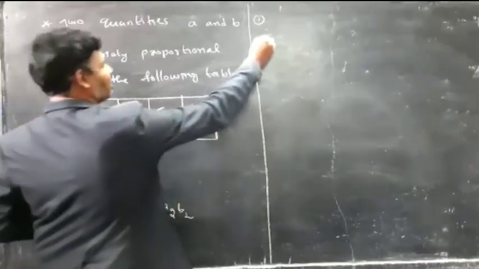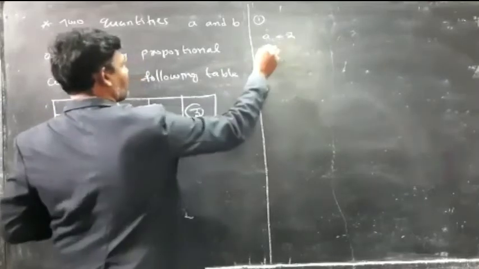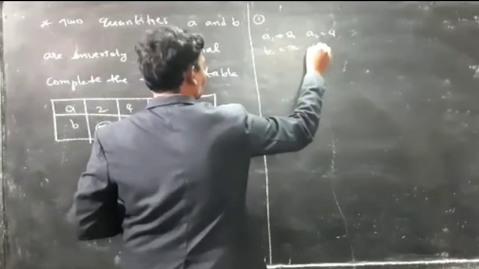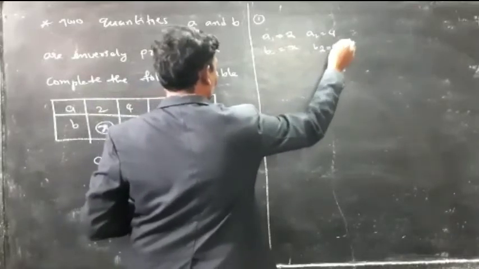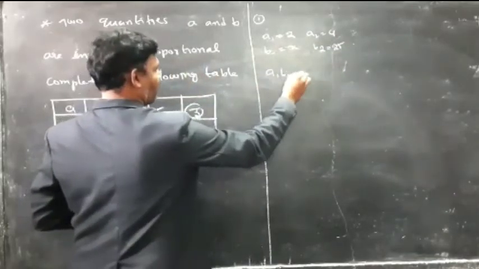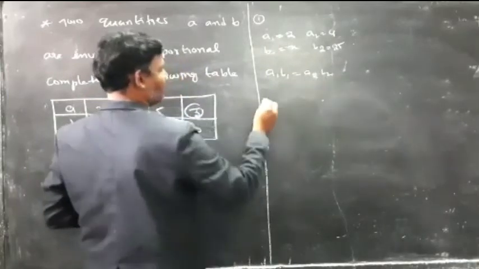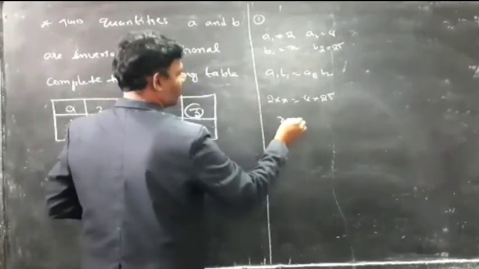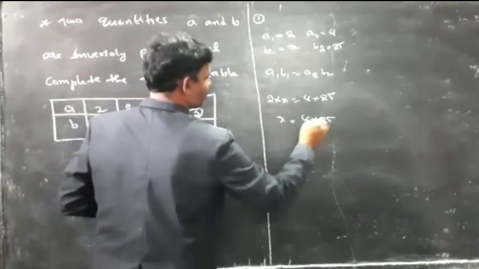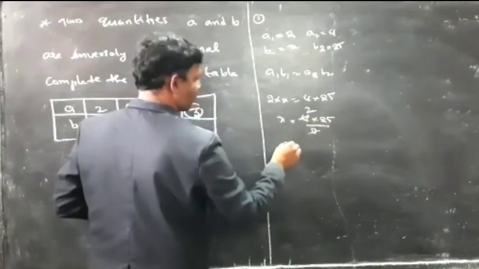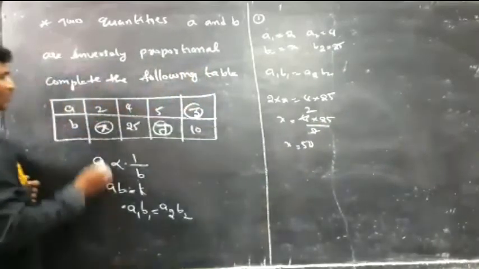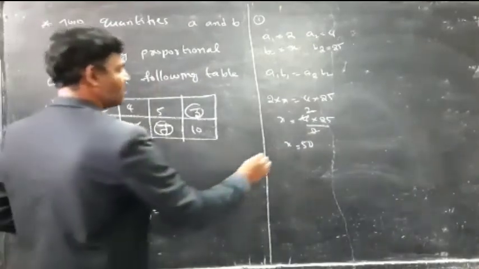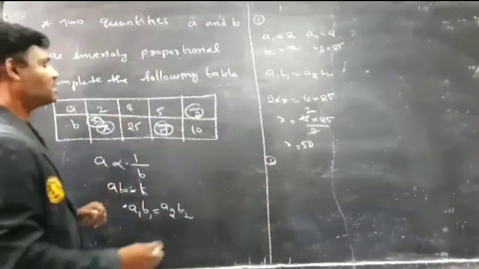In first case a1 is equal to 2 and b1 is equal to x, then a2 is equal to 4 and b2 is equal to 25. a1 b1 is equal to a2 b2, so 2 into x is equal to 4 into 25, then x is equal to 4 into 25 by 2, x is equal to 50. So the value of this box is 50.